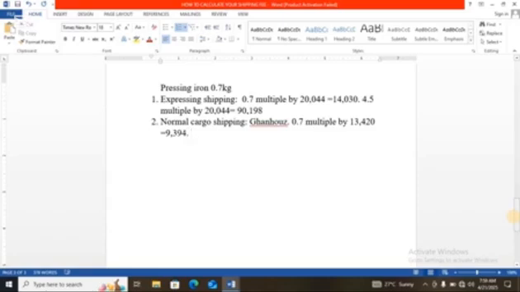Now let's do that with goods of 4.5 kg. Same thing here: 4.5 multiplied by the amount here, 13,420.